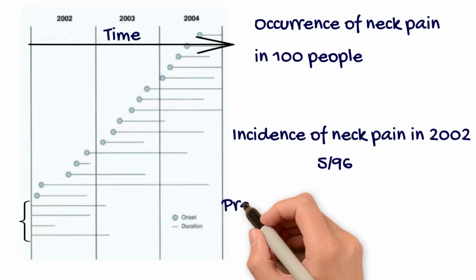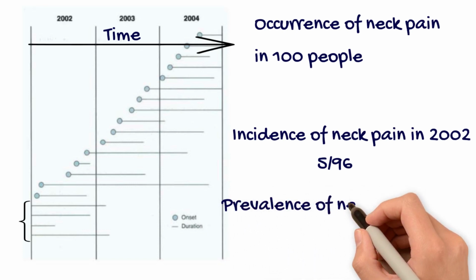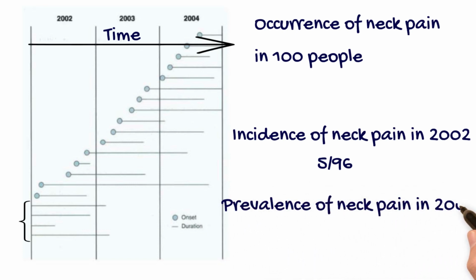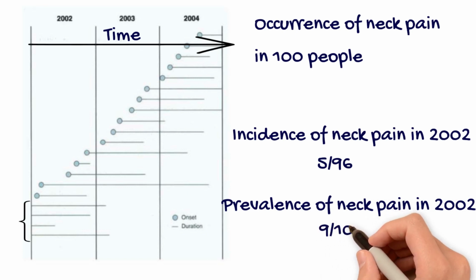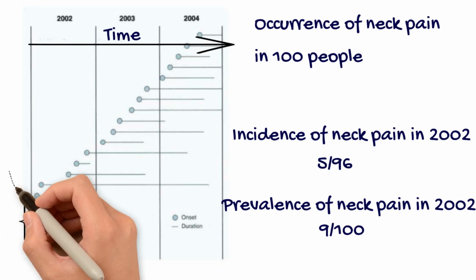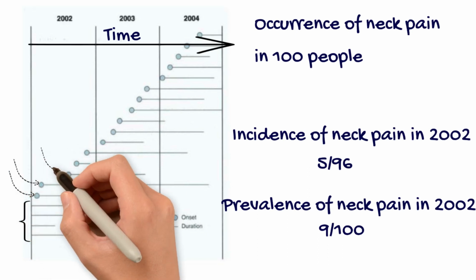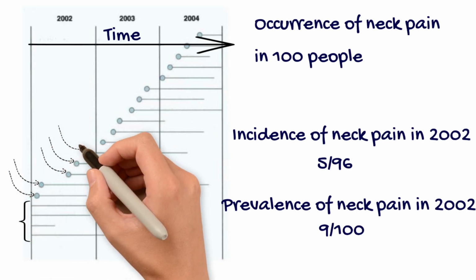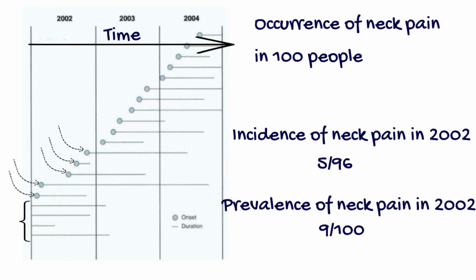On the other hand, the annual prevalence of neck pain in 2002 is 9 divided by 100. The 9 cases include 4 existing cases and 5 new cases. The denominator does not change and is still 100, since prevalence is not concerned with the number of people at risk.